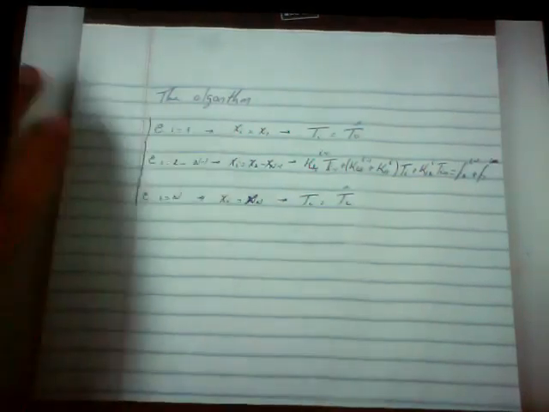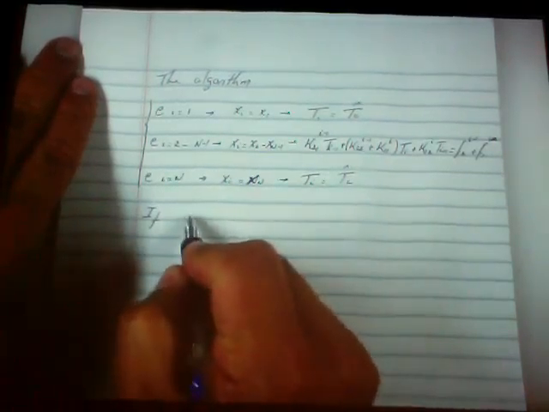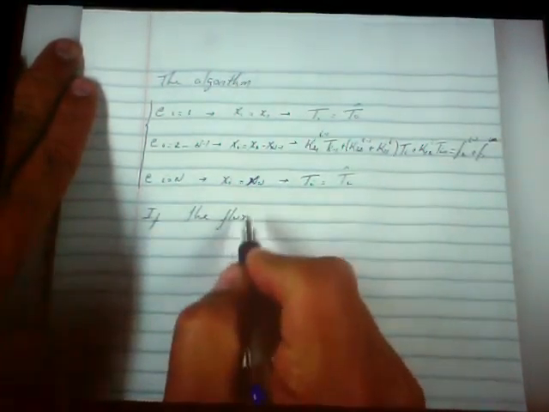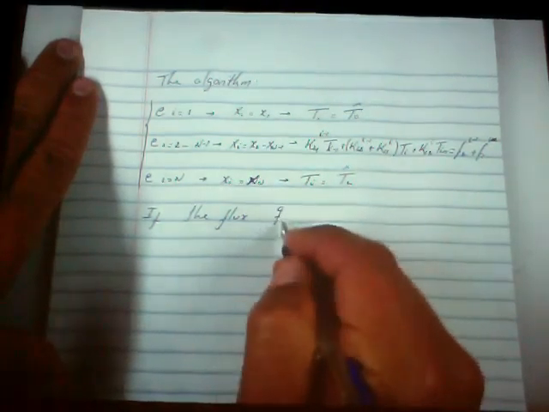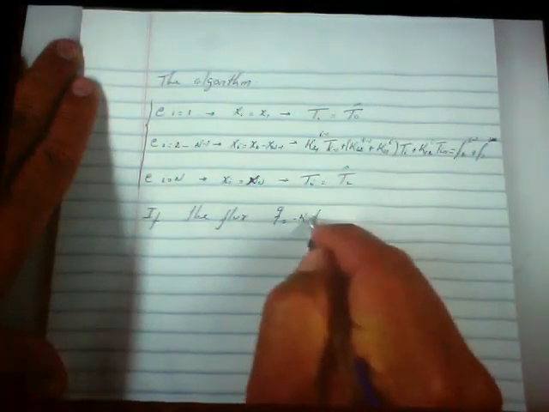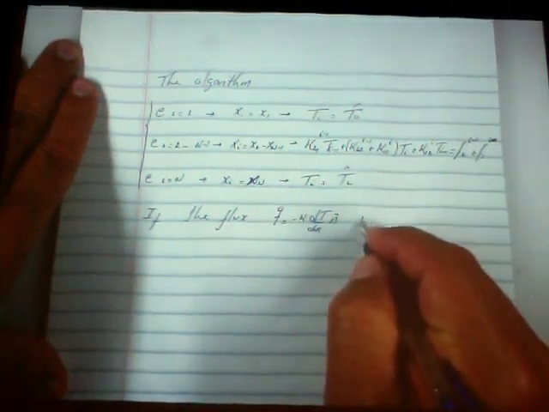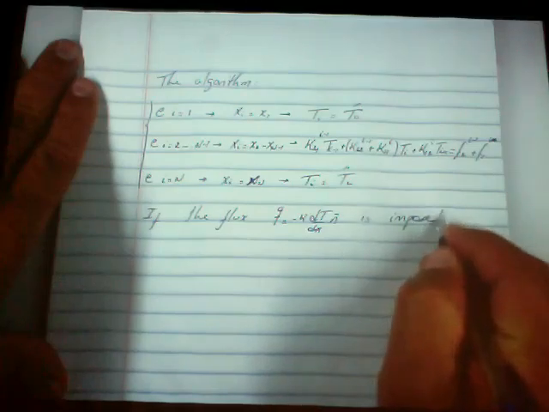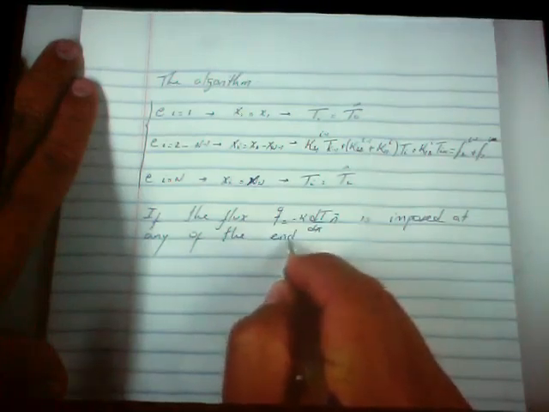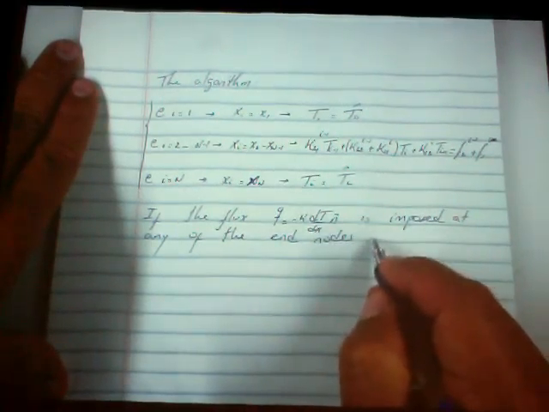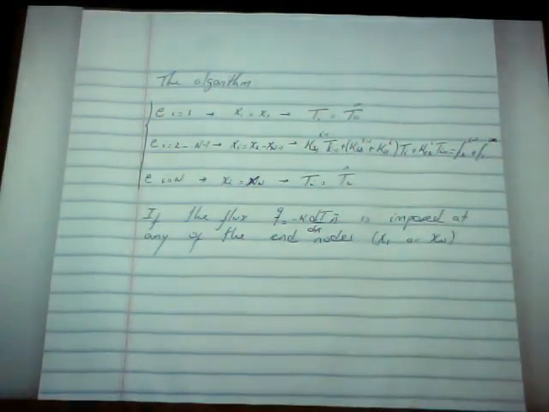So if the flux, which is equal to minus k dT/dx times the normal, is imposed at any of the n nodes, that would be x1 or xn, it can be at both.